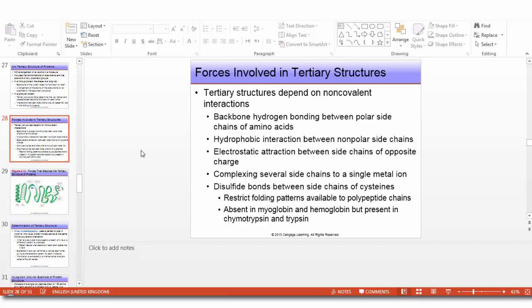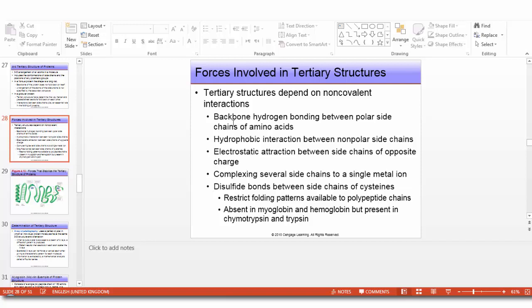Now, what are the forces? Let's see. First, we have backbone hydrogen bonding between polar side chains of amino acids, hydrophobic interaction between non-polar side chains, electrostatic attraction between side chains of opposite charge, and complexing several side chains to a single metal ion.